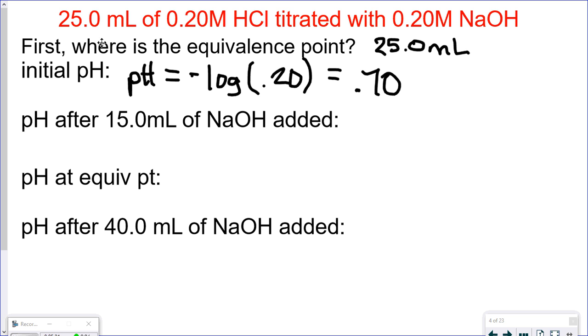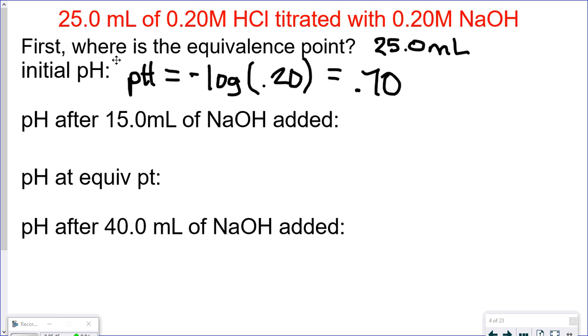So if we have 25 milliliters of 0.2 molar hydrochloric acid, remember the whole deal with acids and bases is that the moles of acid and base are actually canceling out.